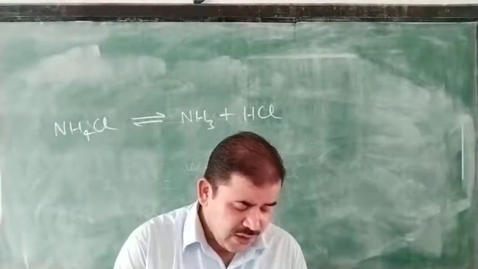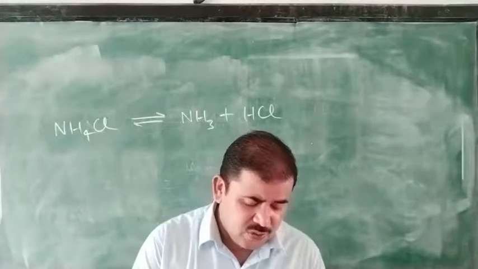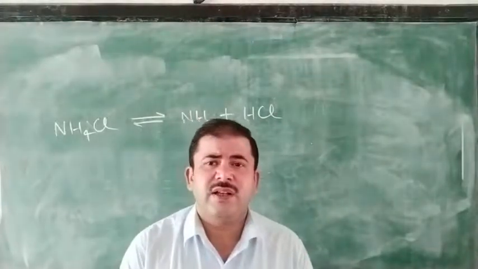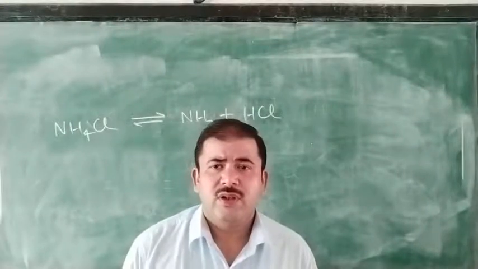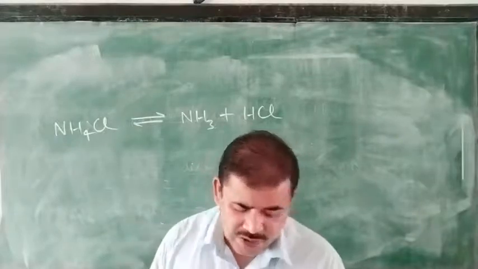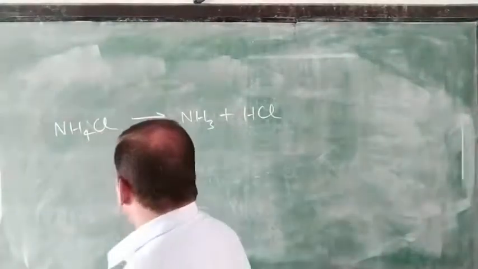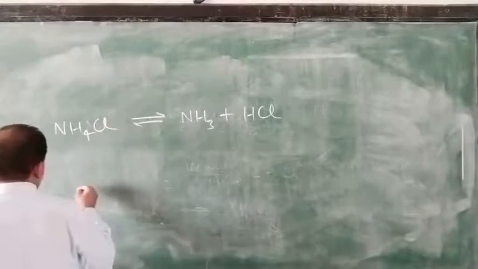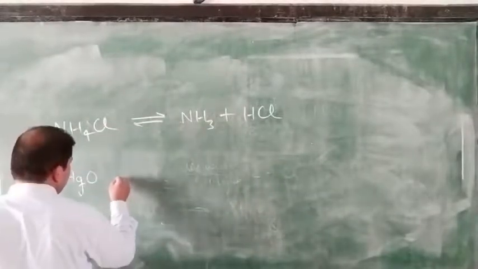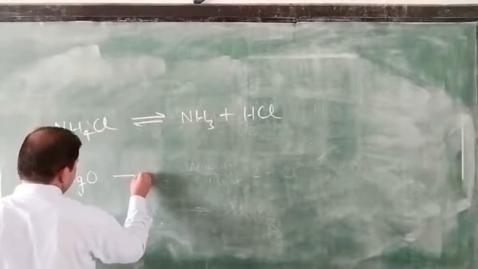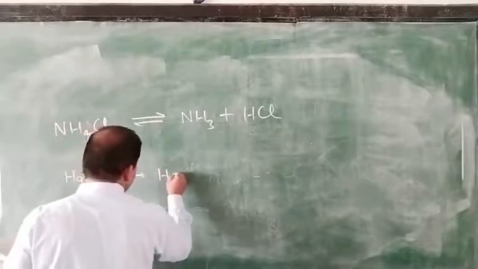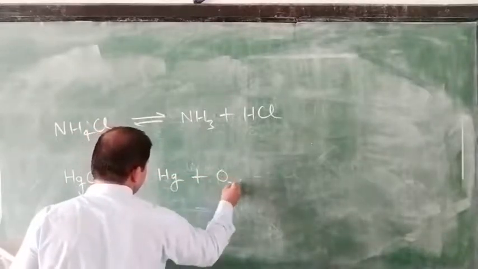And in the same way, name a metallic oxide which on thermal decomposition is reduced to a metal. Here we can take HgO, mercuric oxide. On thermal decomposition, by giving heat energy, this is reduced to the metal. So mercuric oxide, HgO, by heating, we will get mercury and oxygen.